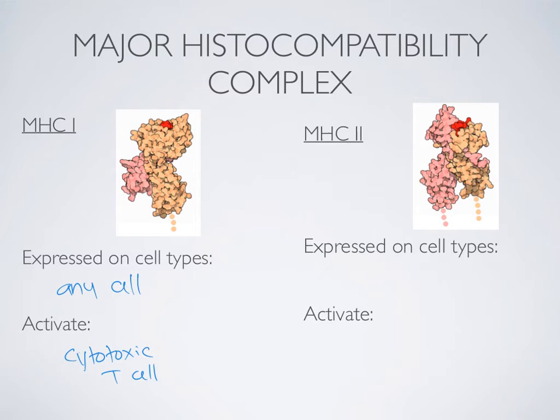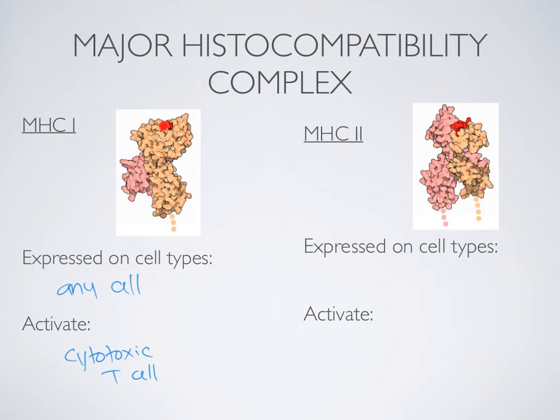MHC1 is called major histocompatibility complex 1. Here's the protein structure for it. So you can see it's this big, giant protein that has a little antigen right in the center. And so those T cell receptors on cytotoxic T cells, what they're looking for is this big site.